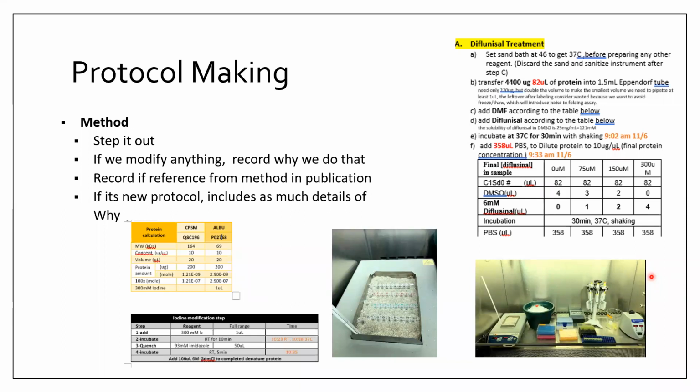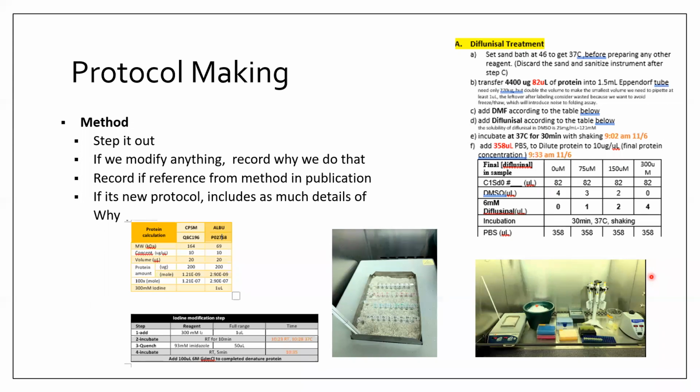And if you modify anything from the previous protocol, make sure that at the end section you mention why you made those modifications. And if we are modifying from a publication's method, then we also reference it at the end, in the notes section of this protocol.